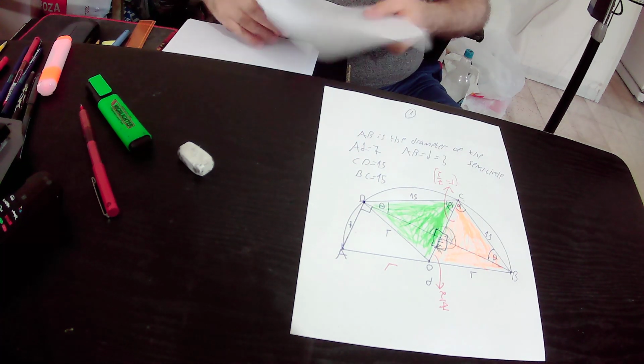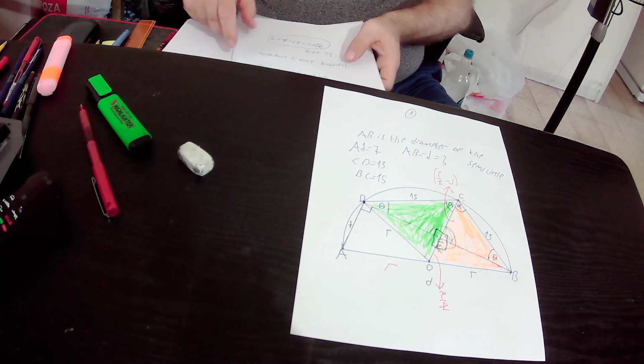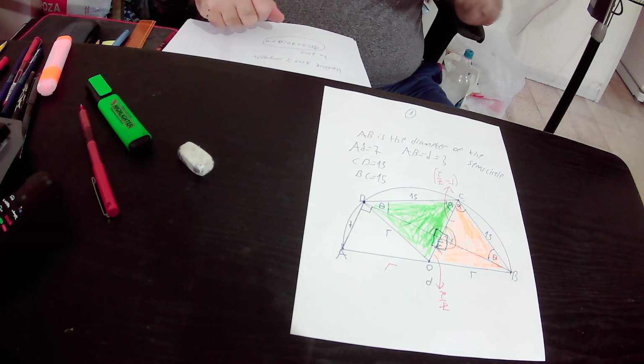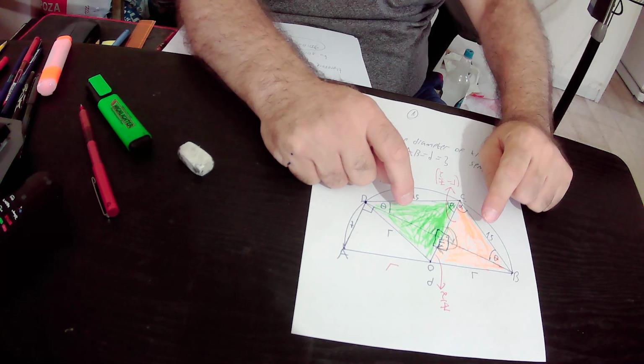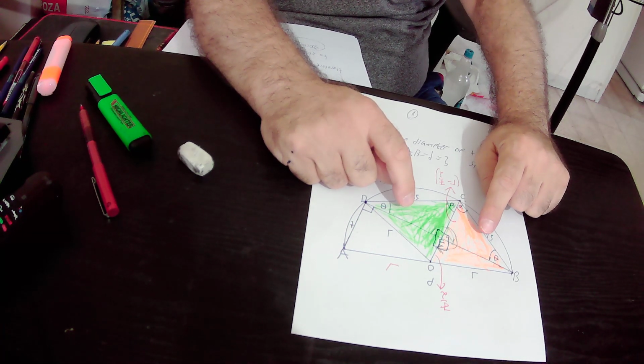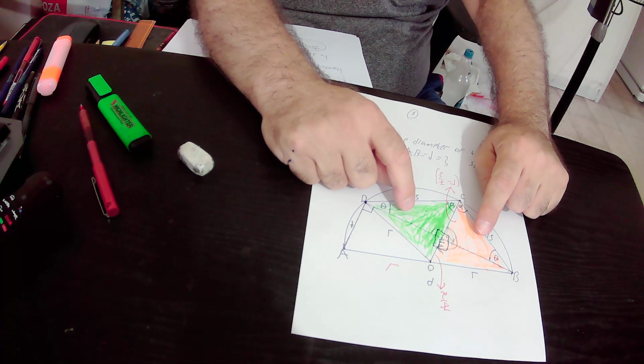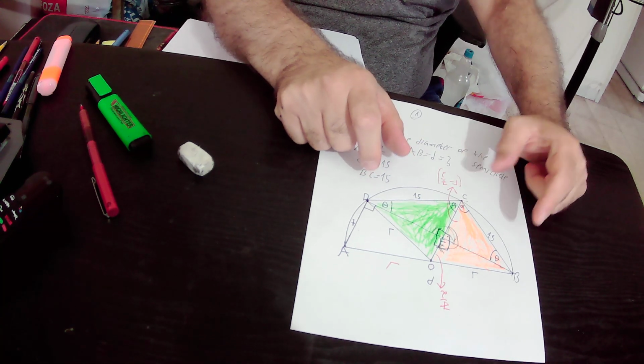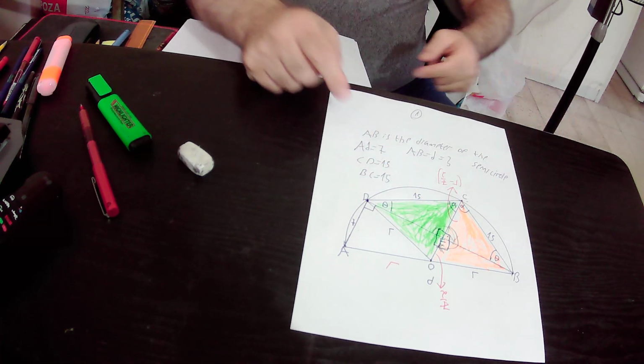Okay, then we focused on the green triangle and on the orange triangle. On those two triangles, we know that DC equals BC equals 15 units.